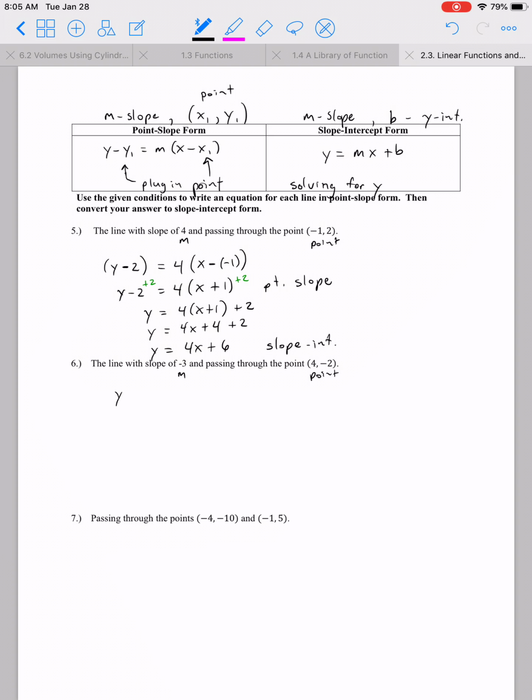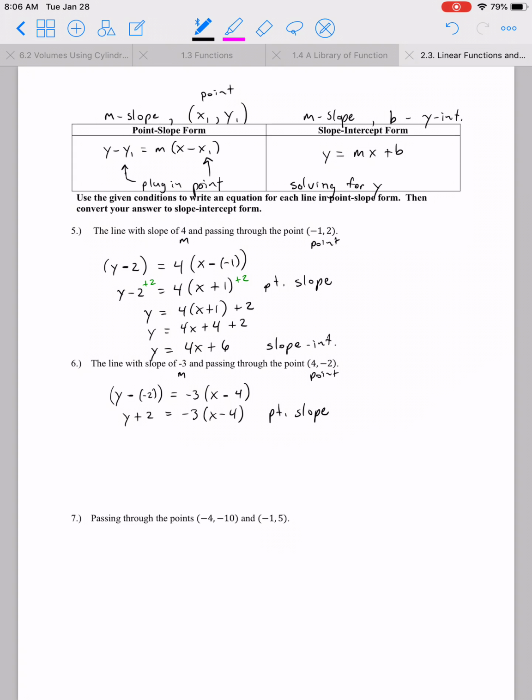So we're going to do y minus -2 equals m, which is -3, times x minus 4. Okay? And then we can just distribute this. This is minus a negative, so it's y plus 2 equals -3 times x minus 4. And this is our point slope form.